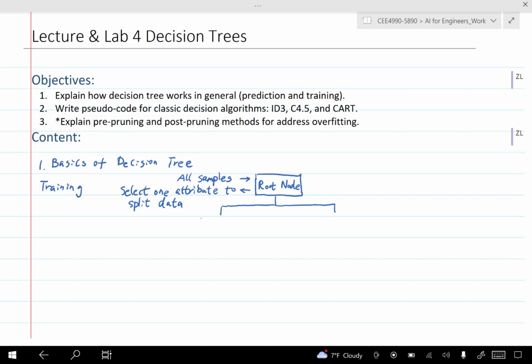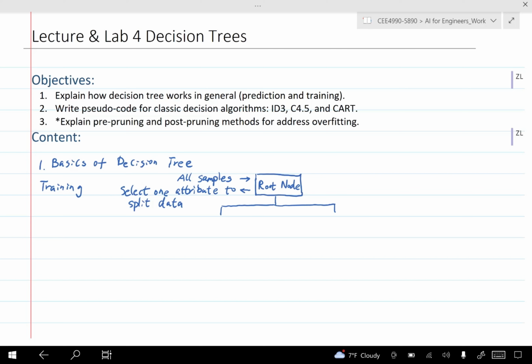But in this case, we only want to differentiate two types of nodes. One is the non-leaf node, the other one is the leaf node. Let's assume that both nodes that we just got on the level right next to the root node are non-leaf nodes. These non-leaf nodes between the root node and all the leaf nodes are also called inner nodes.